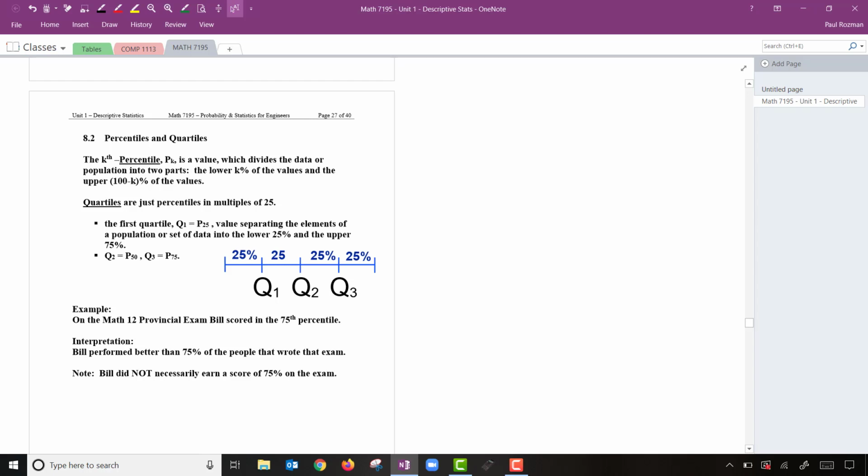On that same test, I had to write a verbal section, and I scored in the 53rd percentile. Again, I didn't get 53% on the test. It means I was only able to beat 53% of the other people that were writing the test that day. Those are percentiles, and that's a way to use them.